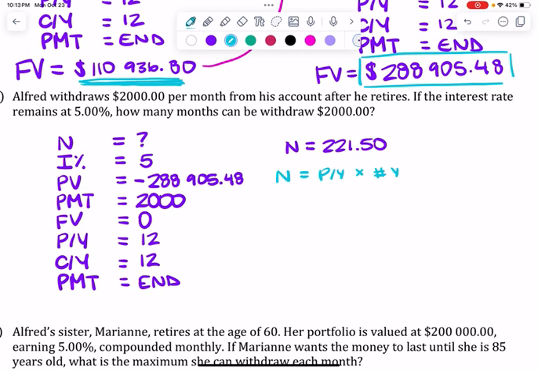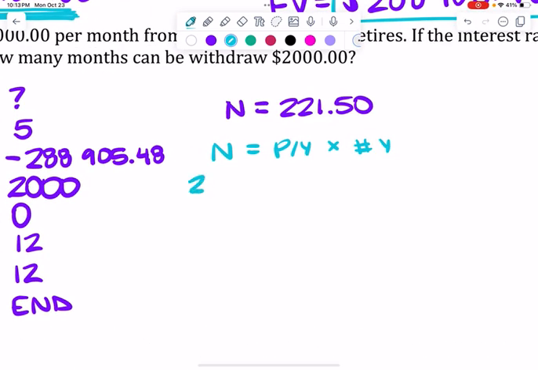I will show you that option for this one example, but just know that it is unnecessary if you could understand that relationship between N and months when my PY value is 12. All right, so if I was going down this route, I have this value here. I know my PY is 12, and I'm looking for that number of years. To do so, I'm going to divide both sides by 12.